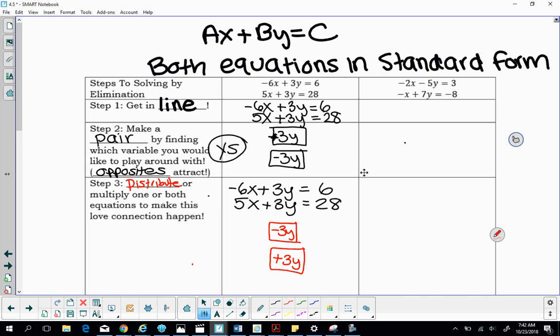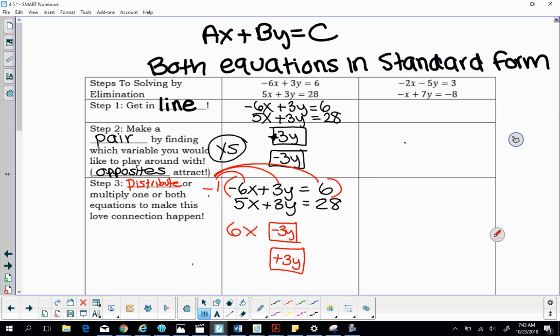To make this positive 3y negative 3y, what number do you need to multiply? Negative 1. So you're going to distribute negative 1 to each term. Don't forget about any of those terms. By multiplying negative 1, it just changes the sign. So now, if this sign is negative, what's it going to be now?